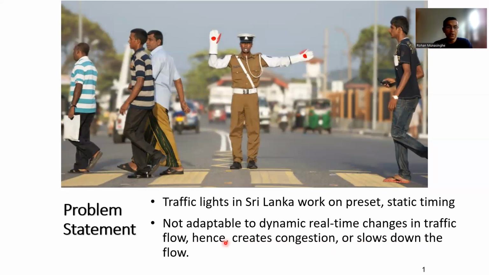I'm sure every one of you has experienced this: how many times have you been waiting at an intersection, knowing that there are no vehicles on the other side, but still it is green and you are red? These 5, 6 seconds or 10 seconds could have been saved, but just because it is preset timing, you can't do anything about it.